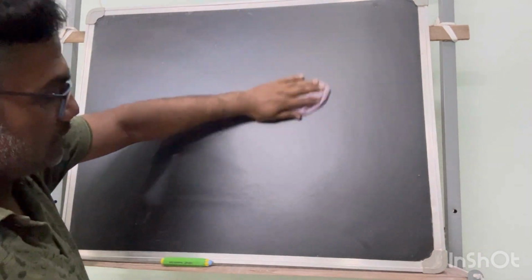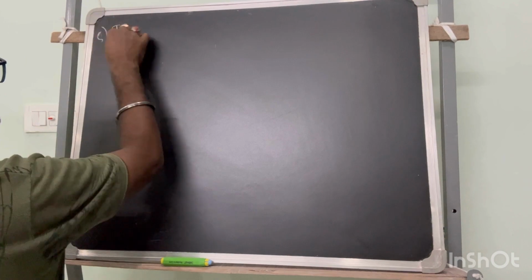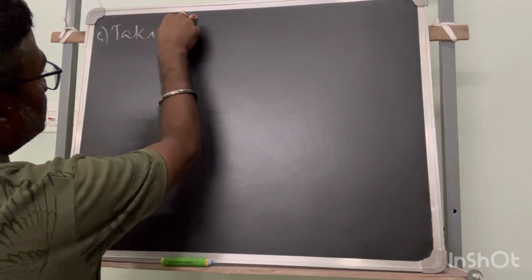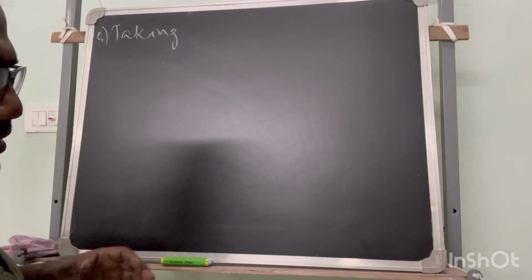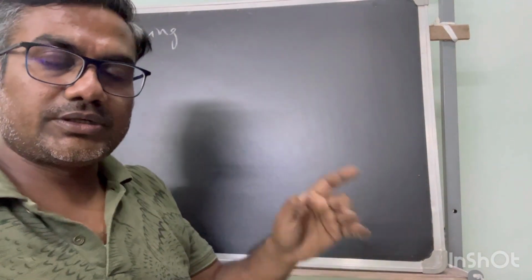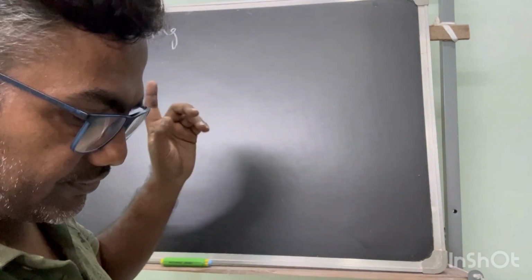And the fifth method is taking the square root. This is a specific one, and it will not always be the same. It is one way where I am just converting the equation into a square form.